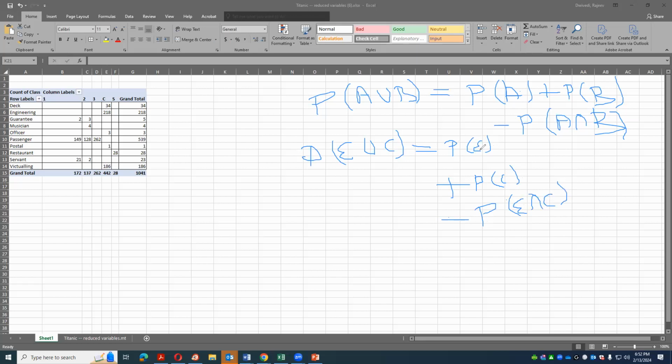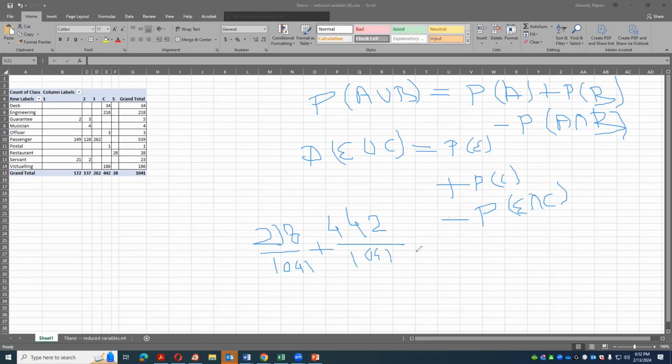Now we see the probability of engineering: 218 divided by 1041, plus probability of C. What is C? It is 442 divided by 1041.